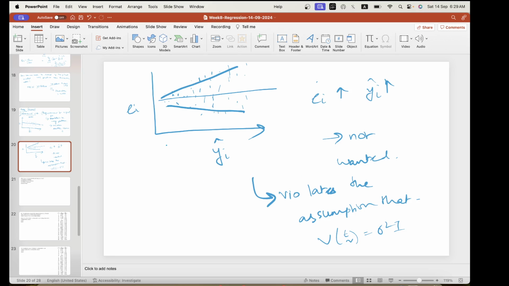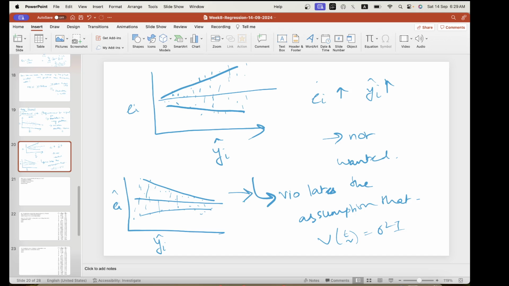But here we don't see that pattern. We see that as y increases, ei is also increasing. A similar pattern will be observed if, with an increase in yi hat, the variance decreases instead.